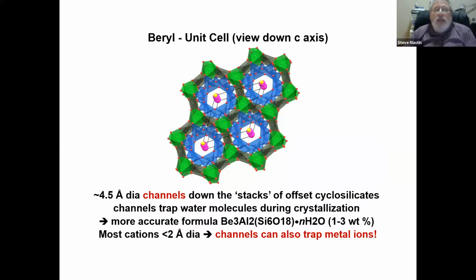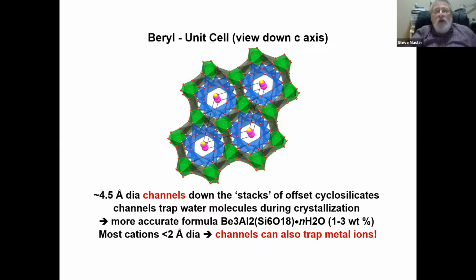So there's another complication with beryl, and this is looking down at what's called the unit cell, how the beryls actually crystallize. And what happens is you get layers because those rings are flat.